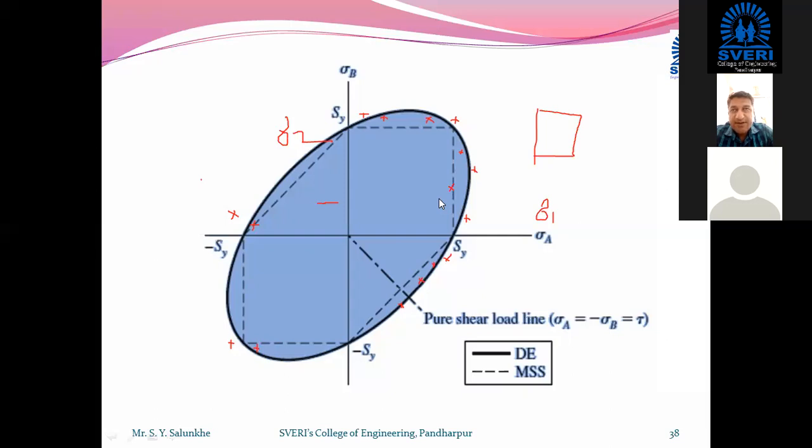Our study is limited up to that point only. So we have taken only equations later on because it is understood that you have already completed it in your mom subject. But in a better manner, you have understood it. You can directly implement those equations and you can draw this type of curve.